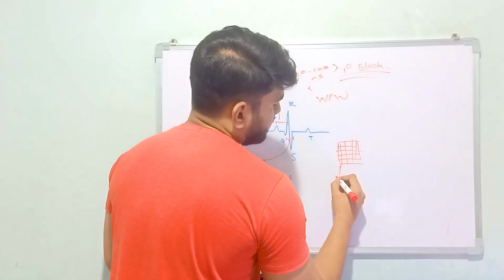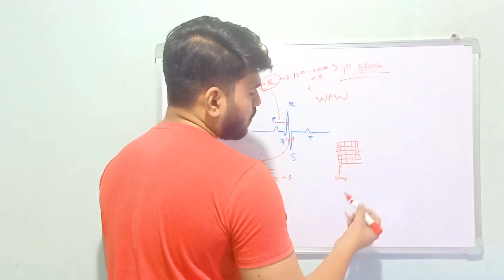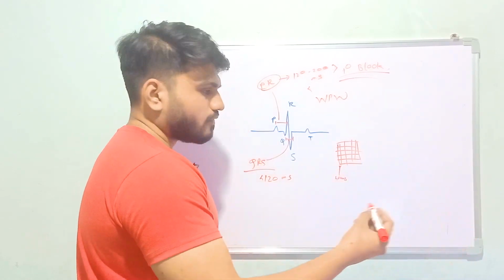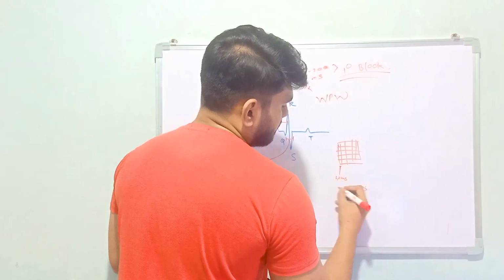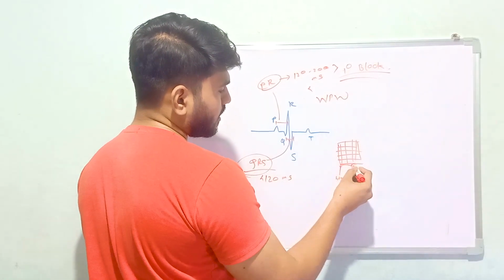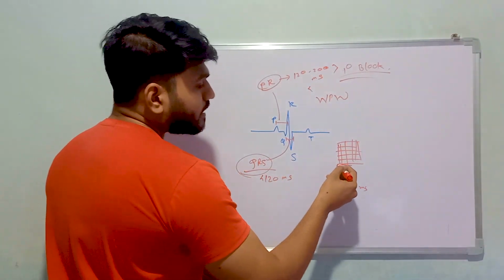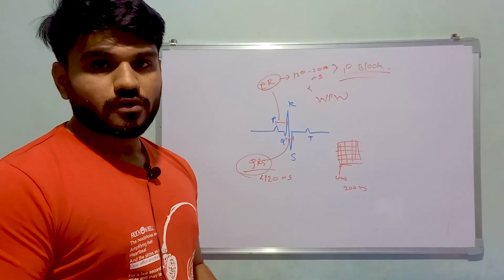This little box represents 40 millisecond, and this whole box will represent 4 into 5, it means 200 millisecond. So this QRS should be less than 3 small boxes. Okay. So moving forward to another, which is QT interval.